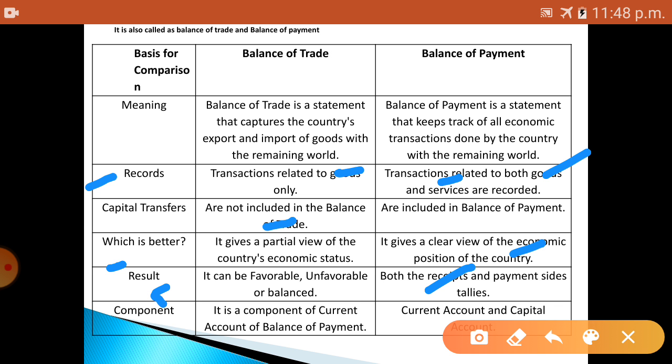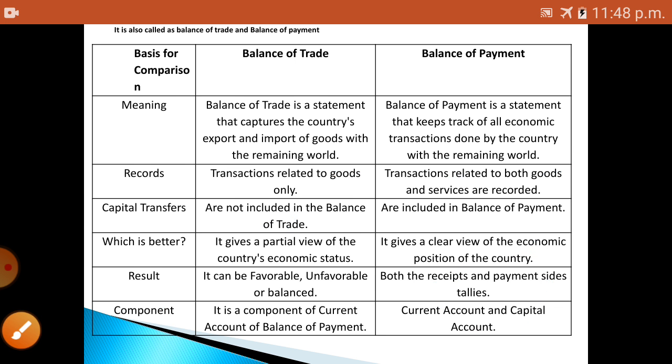Next comes components. Balance of trade is a component of the current account only. When you compare, balance of payment records both current account as well as capital account. So this was the solution of the first question.